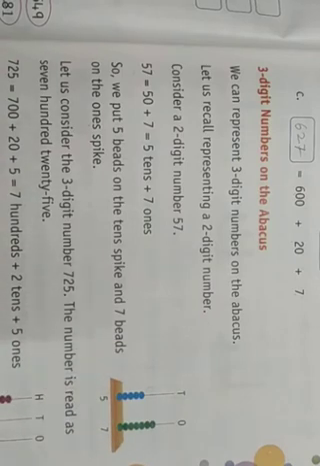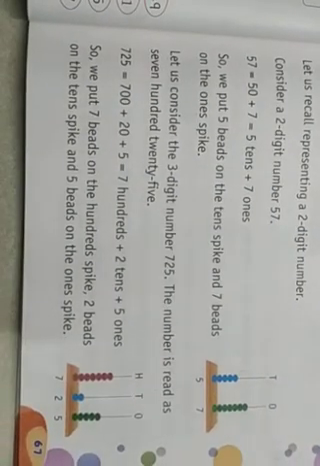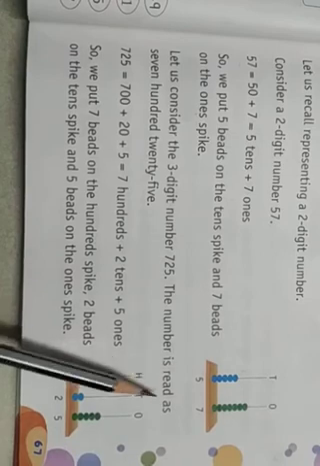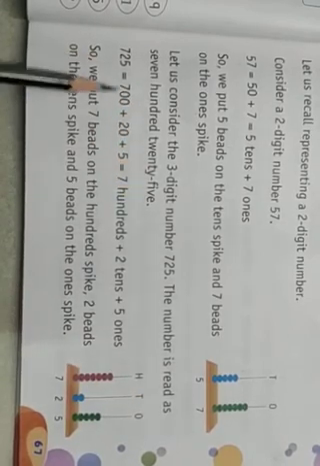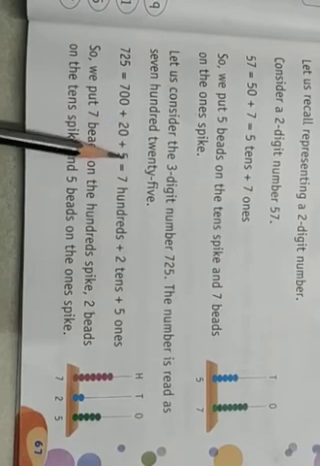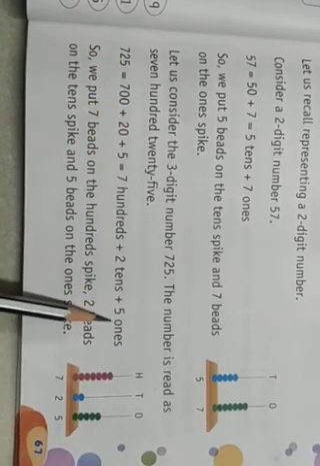Let us consider the 3-digit number 725. The number is read as 725: 7 hundreds, 2 tens, 5 ones.